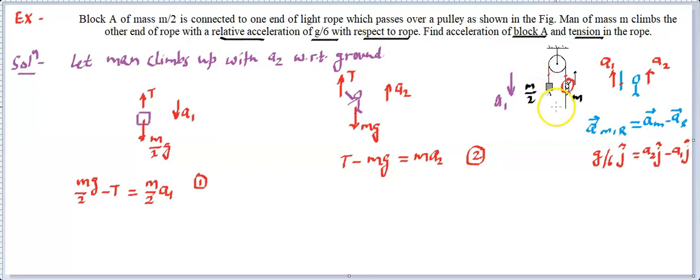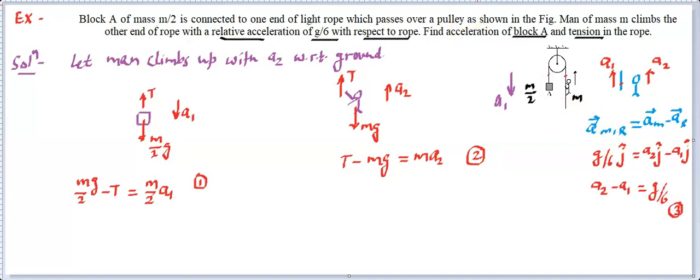Because the rope can change its orientation or shape, so the direction changes. So we need to focus only on the point where the person is holding it. Now your j cap is getting cancelled out, or you can say the coefficients are going to be equal. So from here we will get another equation: a2 minus a1 is equal to g by 6. That will become your third equation.